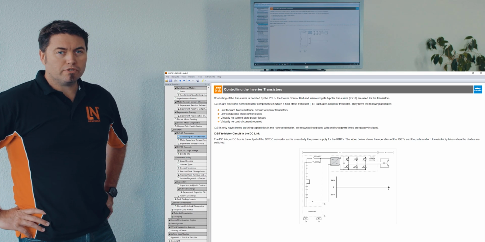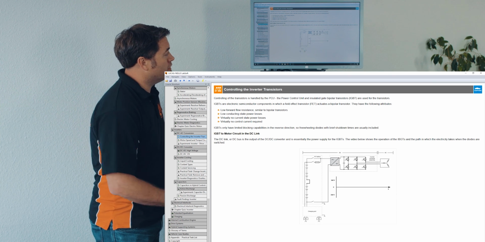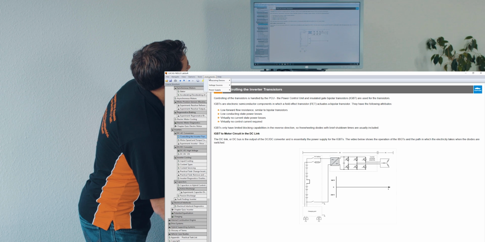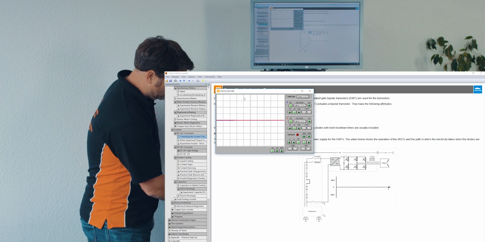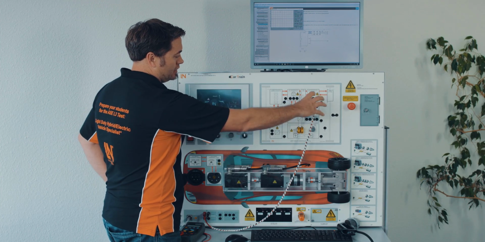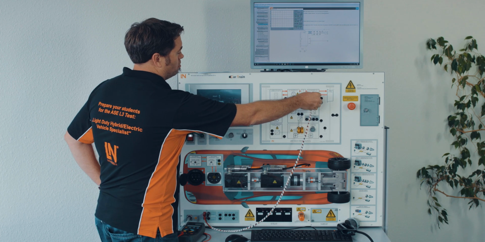Okay, so some of the measurements that we can take on this unit to show some of those theories that we've just had a look at. We've got all of the measurement devices built in here, and we can take some of the different measurements from each of these measurement points here.